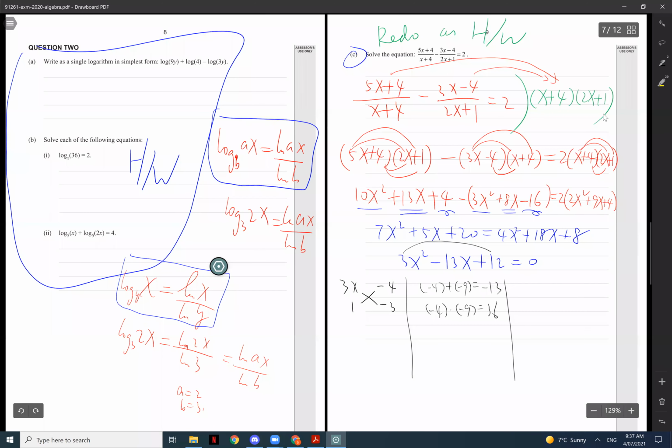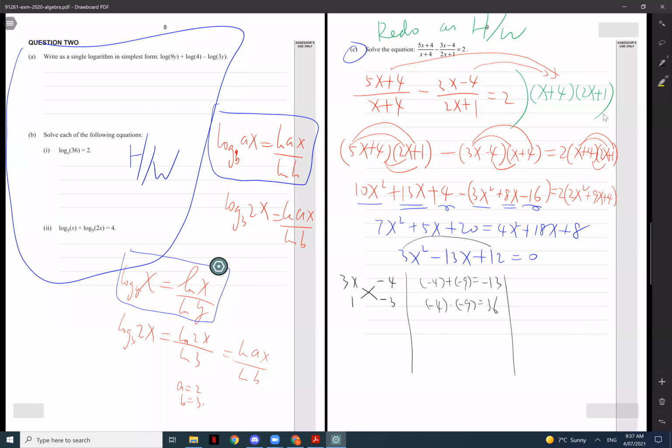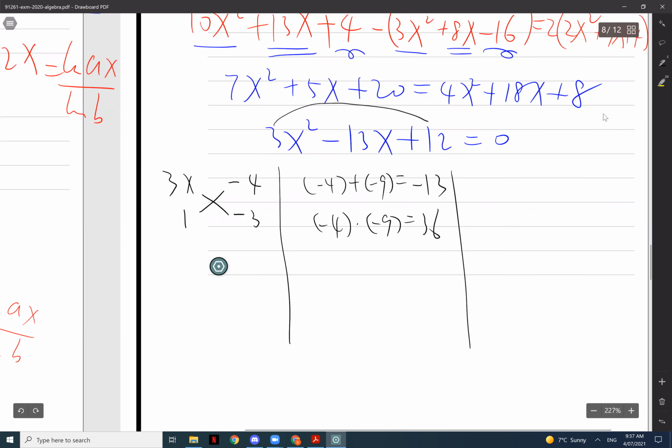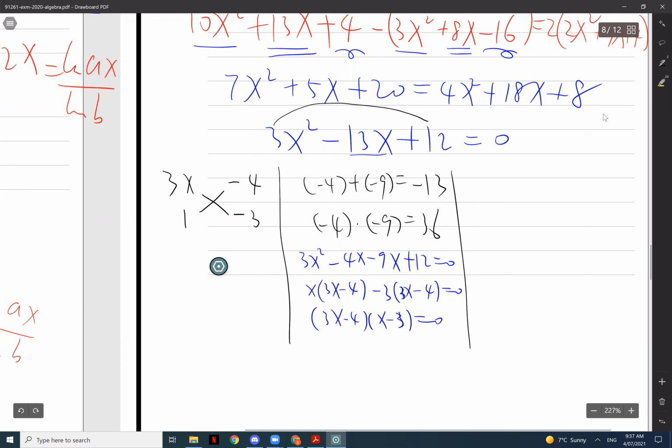If you get these two numbers, 3x squared, the middle term is split. Take out the x, take out 3, negative 3. Take out 3x minus 4.